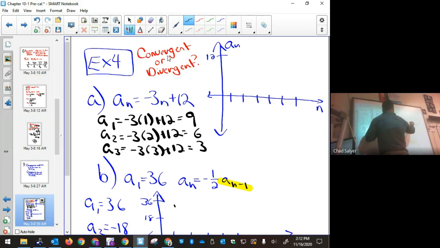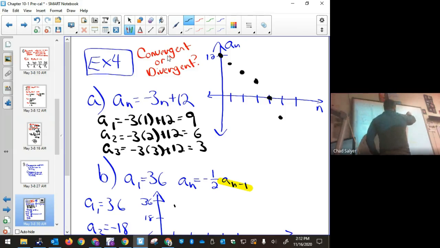So if we have a 0th term, that would go to 12. 1 goes to 9, 2 to 6, 3 to 3, and 0, and so on.